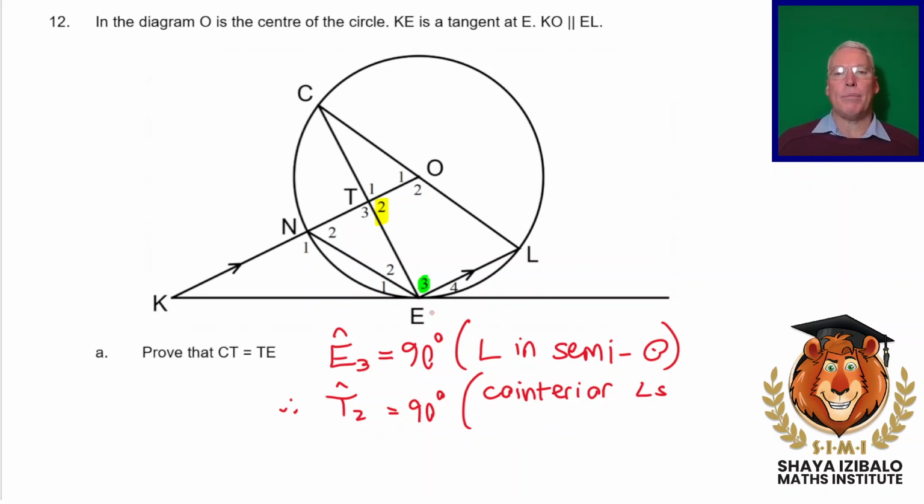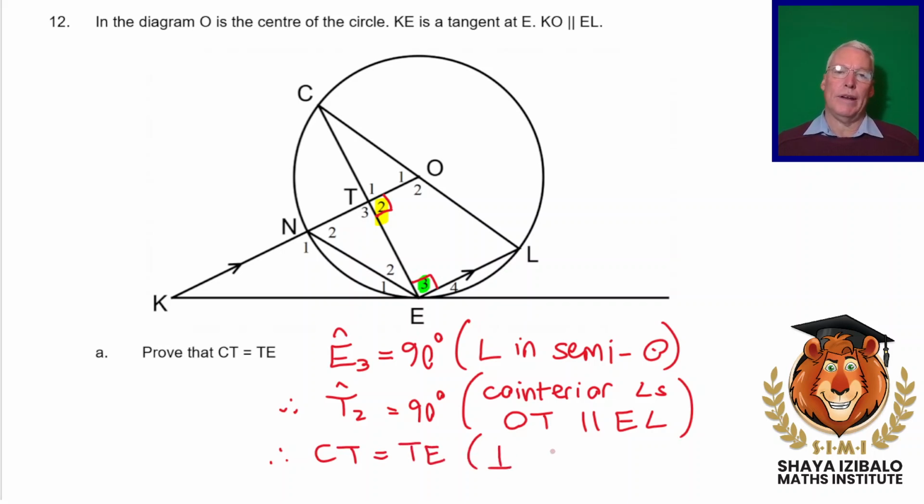Line OT is parallel to EL. Now because this yellow one is a 90 degree angle, CT will equal TE. CT equals TE. And the reason is perpendicular from center.